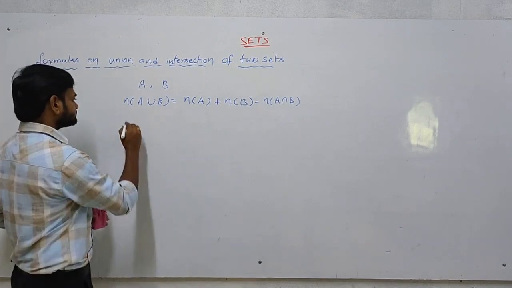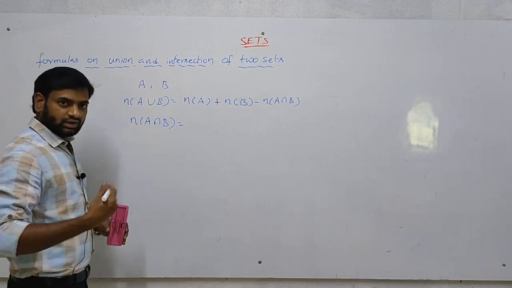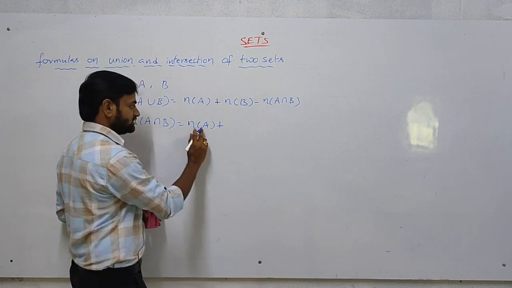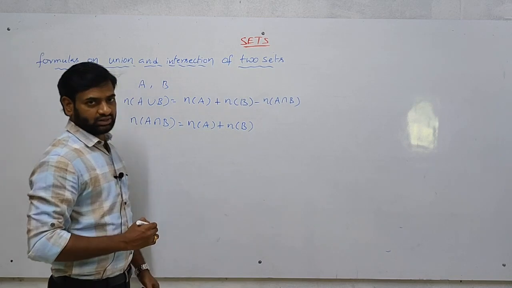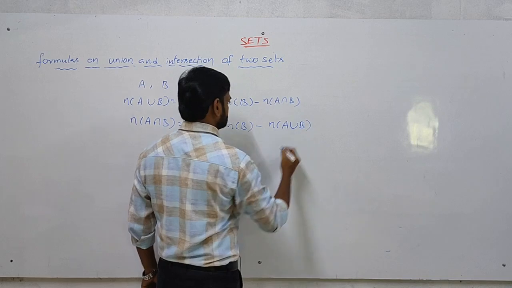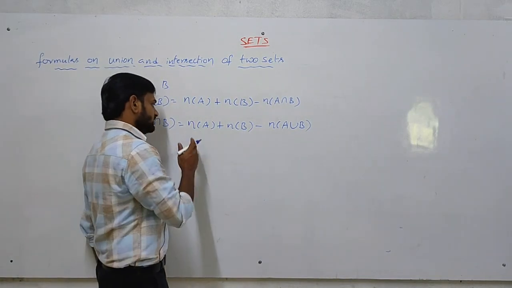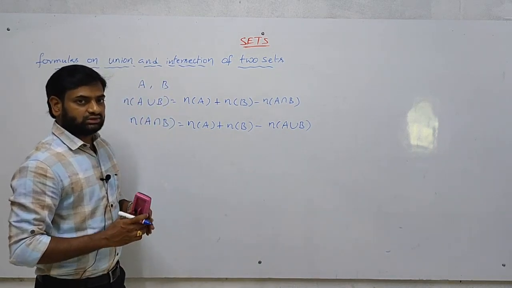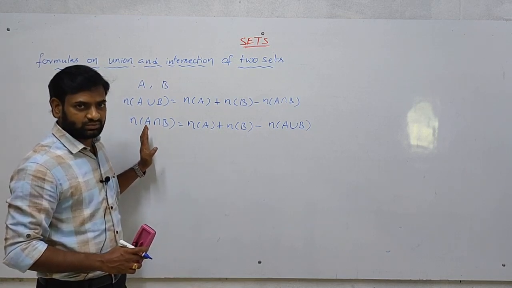Suppose you want n of A intersection B, again the formula is n of A, number of elements in A, plus n of B, number of elements in B, minus n of A union B. So in the given question, if he gives the values n of A, n of B, n of A union B, then we can find n of A intersection B by using this formula.